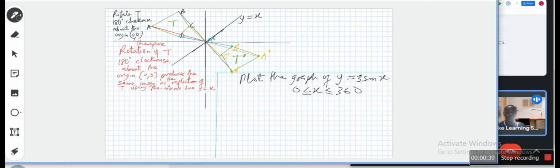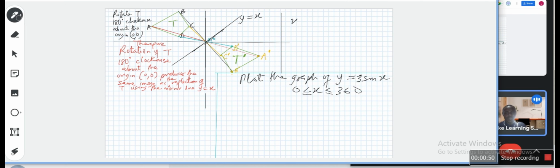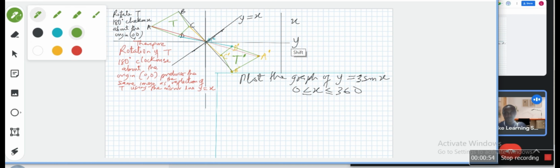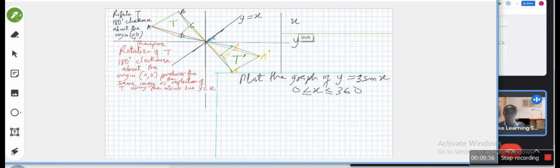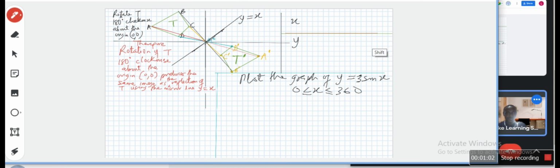Just prepare your table of values. Let's even prepare our table of values up here. Are you ready? The table of values is x values and what y values will be. When you are plotting a graph, you do a table of values for x and y. I think I should use a red so that this can come out better. Table of values for x and y.